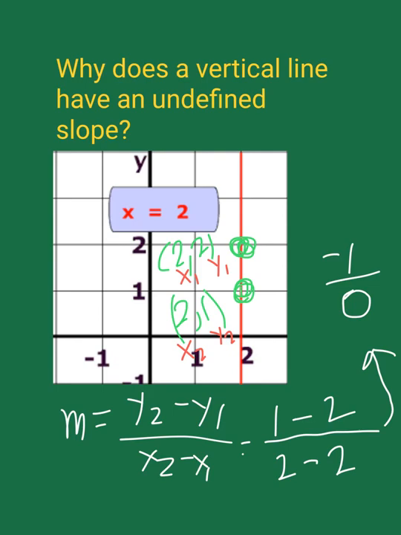How can you have some number of parts, like 1 out of 0? It doesn't make sense. But we can talk more about that in class. The reason it's undefined is because the bottom will equal 0. That's for a vertical line.